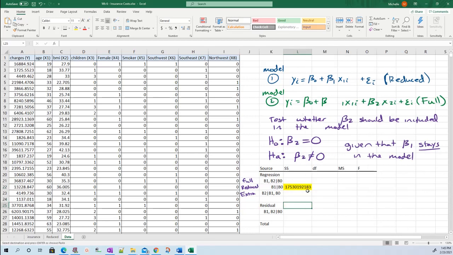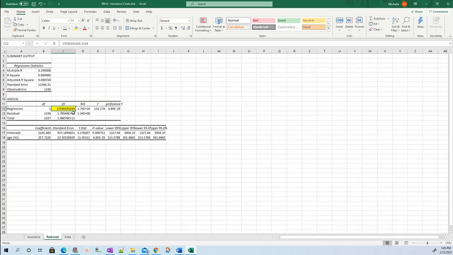Now the degrees of freedom for this. In general, the number of beta terms on the left side of this bar is your degrees of freedom. Notation-wise, that's really easy. This one's going to be 1, and this one has 2 beta terms on the left side of that bar, so this one's going to be 2. It also tells it to you here.